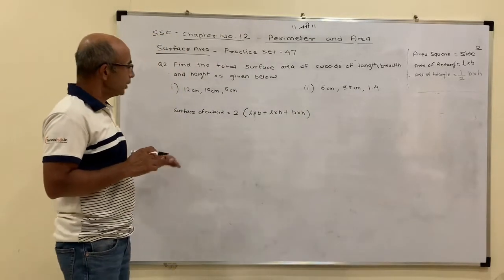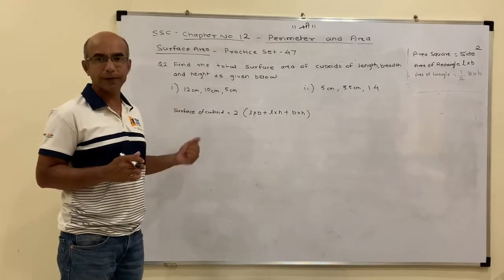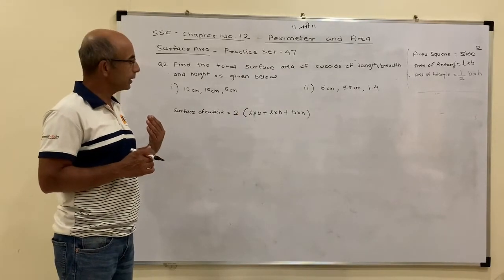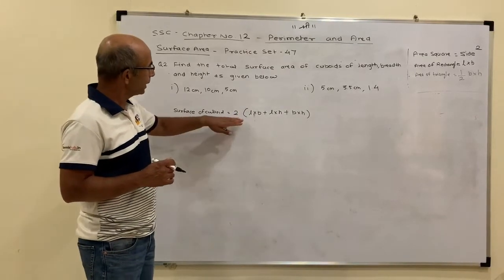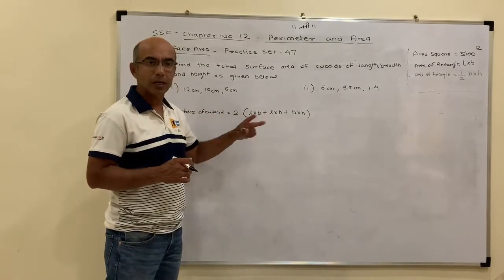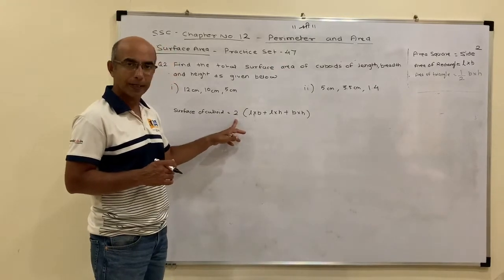See, a cuboid has 6 surfaces. The opposite surfaces are identical in terms of the area. So every surface is appearing twice, so I am multiplying it by 2.